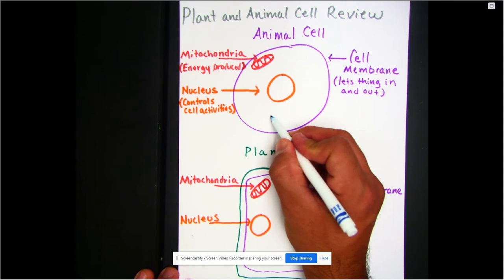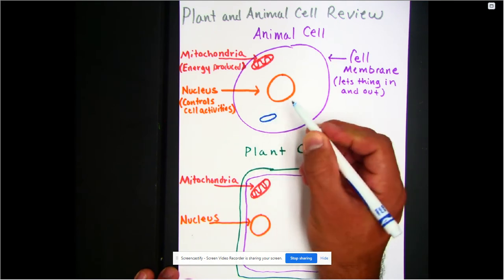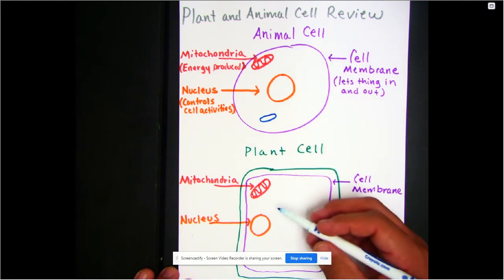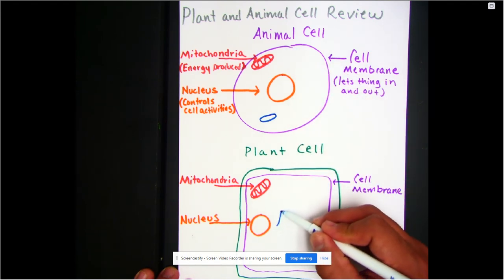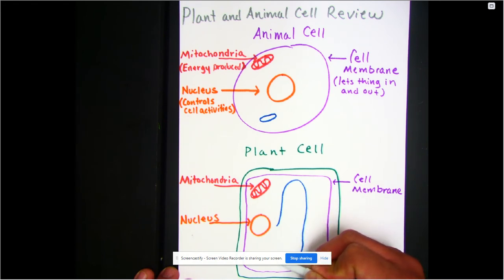The next organelle that we have is smaller in the animal cell, but much larger in the plant cell.